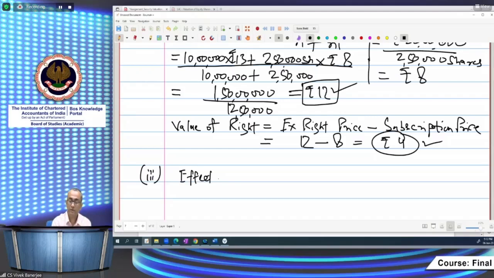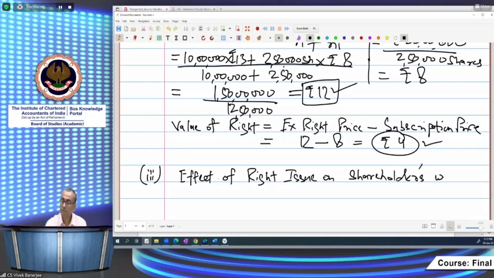Effect of right issue on shareholders' wealth. Okay. Effect of right issue on the shareholders' wealth.